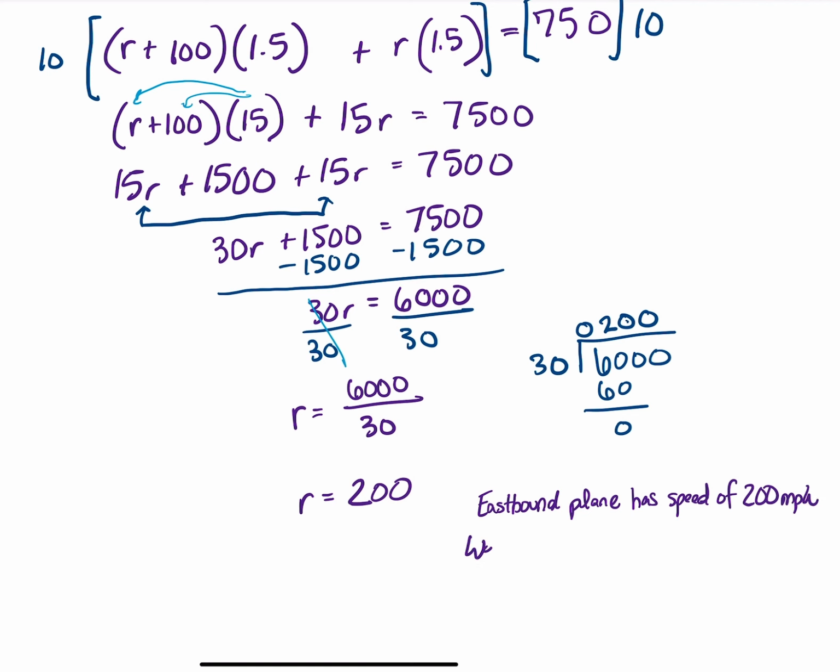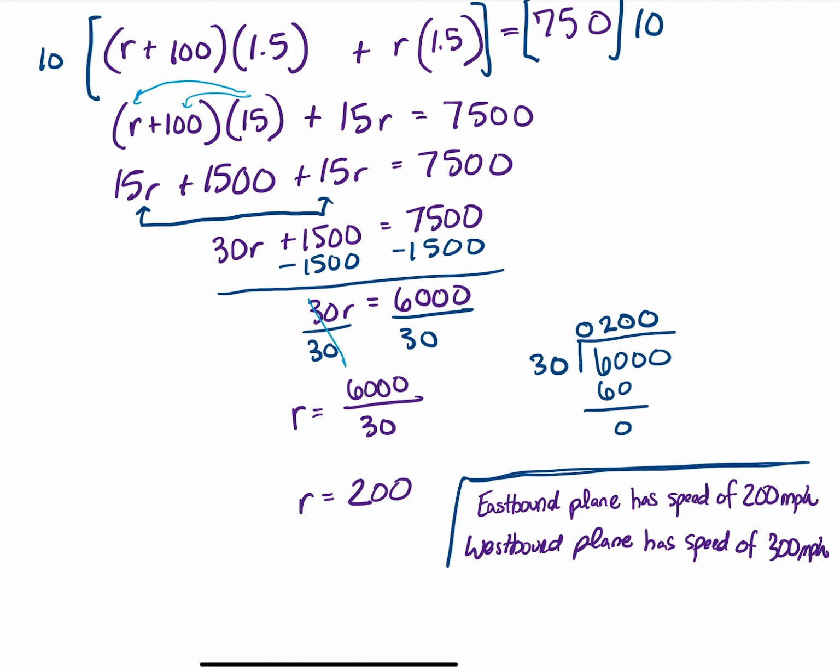And then the westbound plane goes 100 miles per hour faster than that. So this has a speed of 300 miles per hour. And that will be our solution.